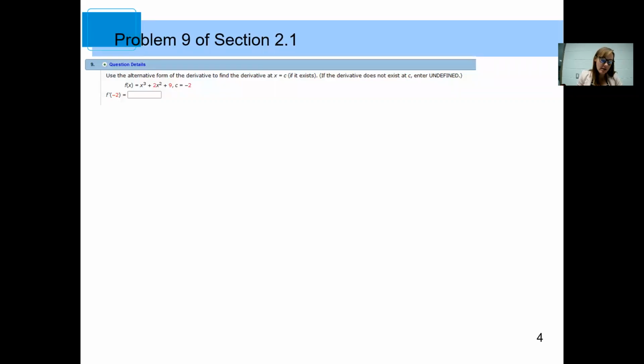This is problem 9 of section 2.1. For this one, they want us to use the alternative form of the derivative to find the derivative at x equals c.